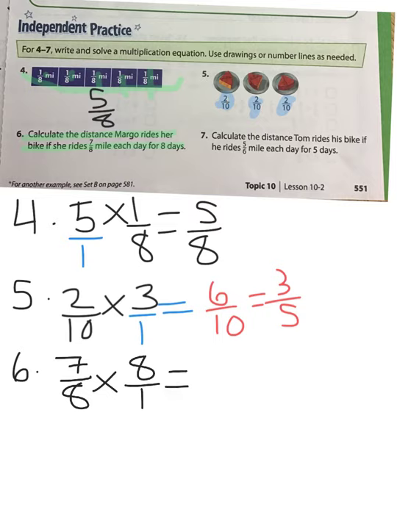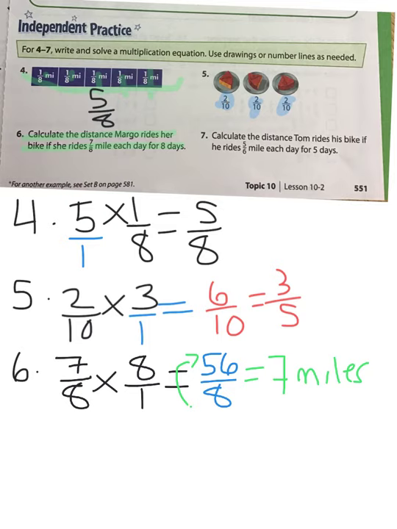We're just going to multiply across. We will get 56 over 8. Then we just have to decide how many times does 8 go into 56? Well, it goes into it 7 times. So her answer will be 7 miles because it wants to know how far.